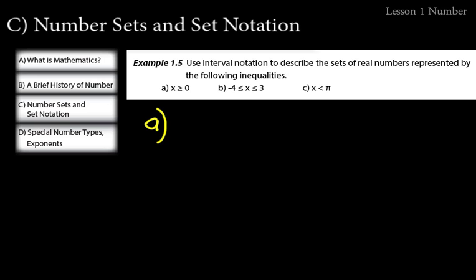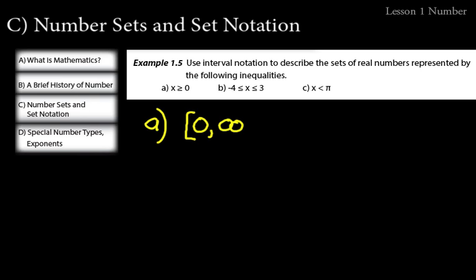So what we do there is it's greater than or equal to 0. We would put a bracket here and a 0 there, and then say comma infinity.